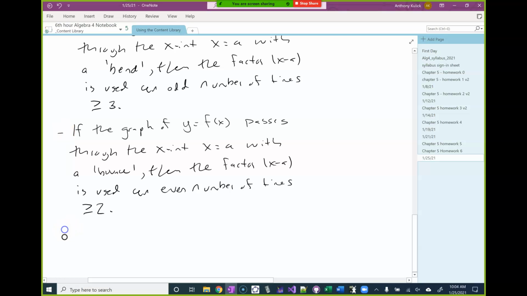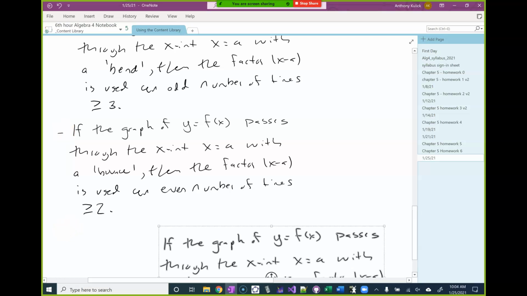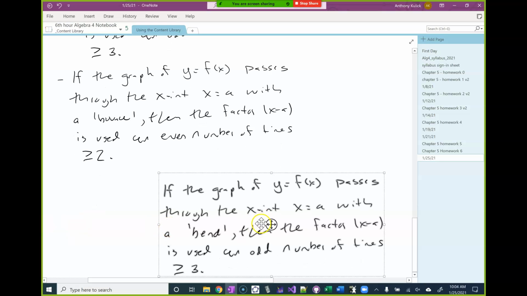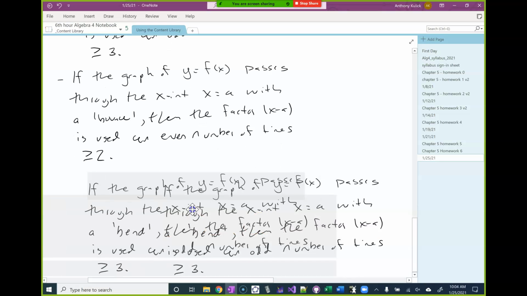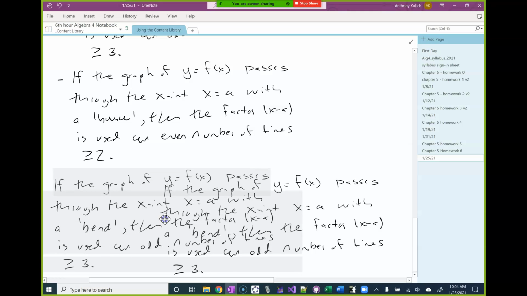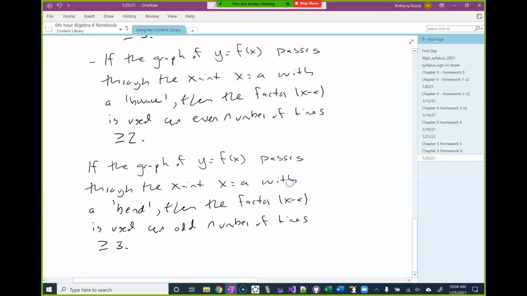And then the last part says the same thing, but it says straight. And then we say just exactly once.